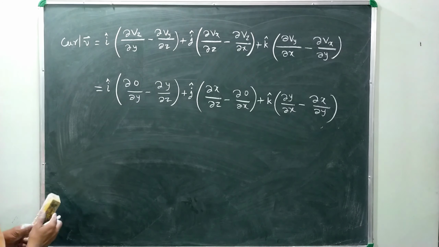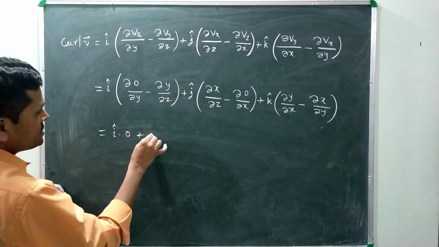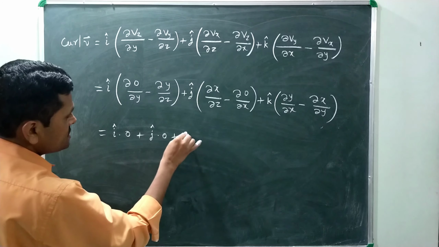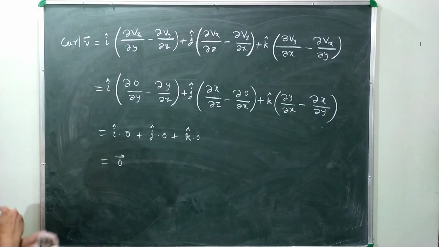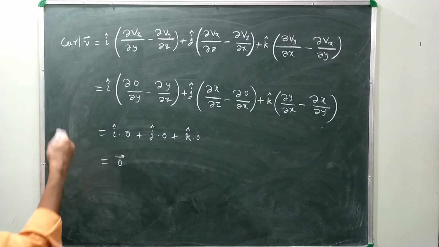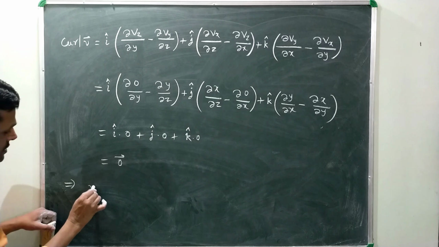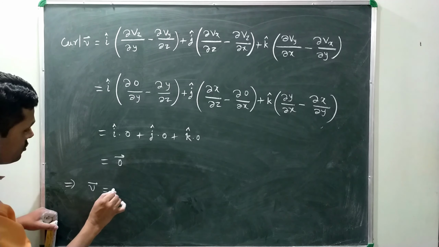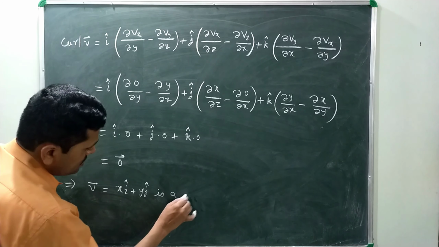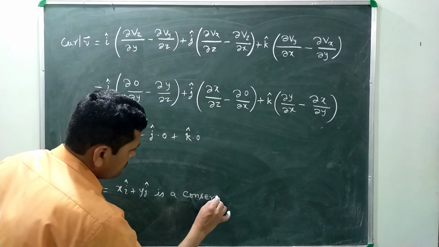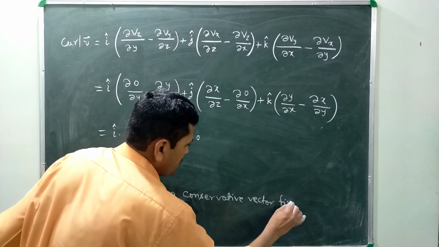This means here we are getting i cap into 0 plus j cap into 0 plus k cap into 0, or say it is a 0 vector. This means curl of vector V is a 0 vector, or we can say that the given vector V equal to x i cap plus y j cap is a conservative vector field.